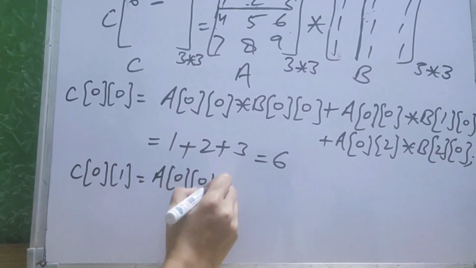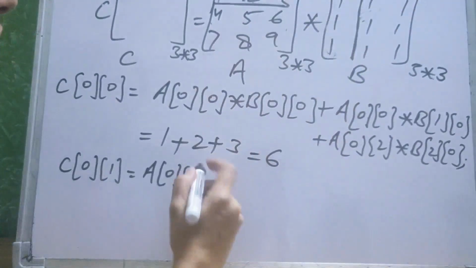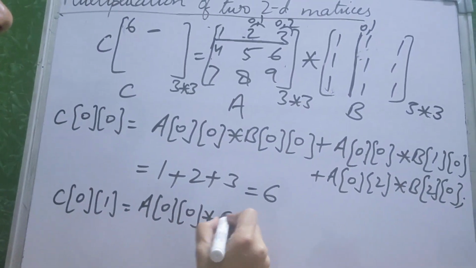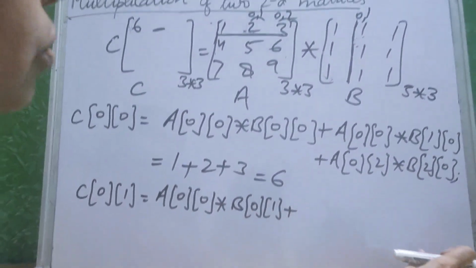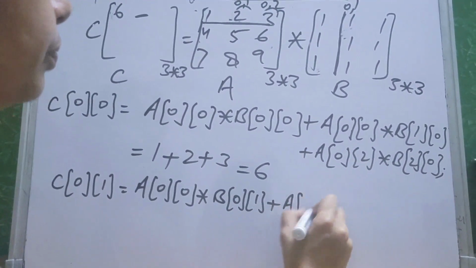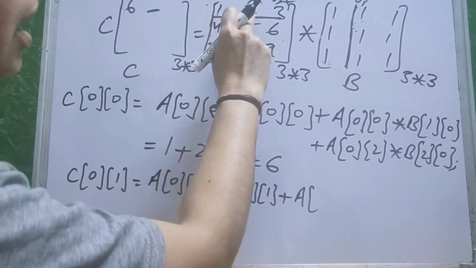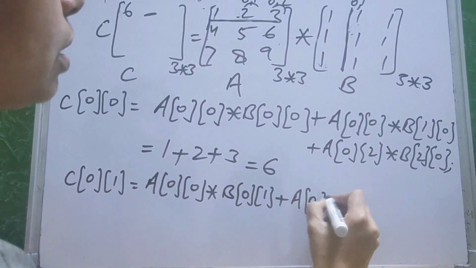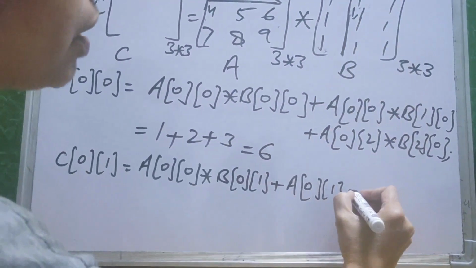A 0 0, this one, or what is the index of this? It is 0 1 multiplied by B 0 1. Then addition of A, this one matrix A 0 1 multiplied by this one B 1 1.